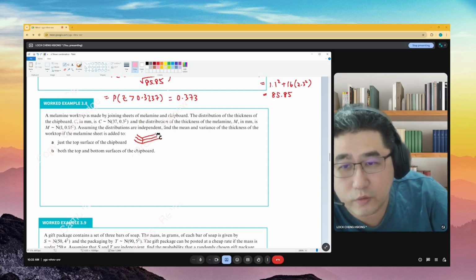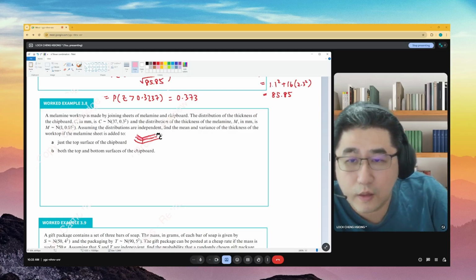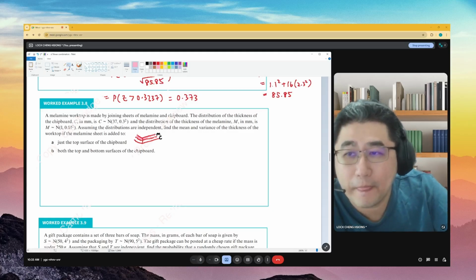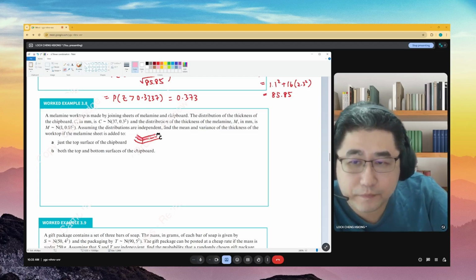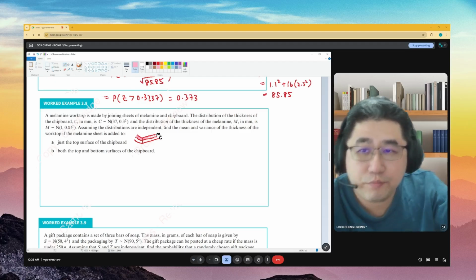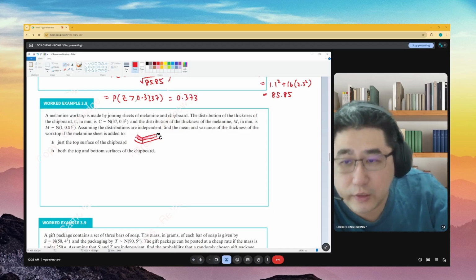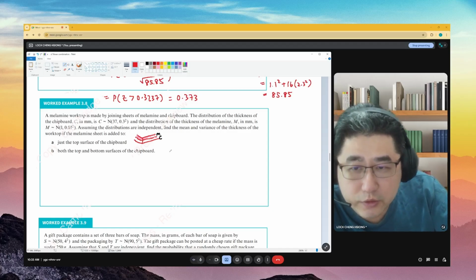Then question B is talking about the top and bottom of the surface of the chipboard. So it will be 3 layers. 3 layers will look like this.